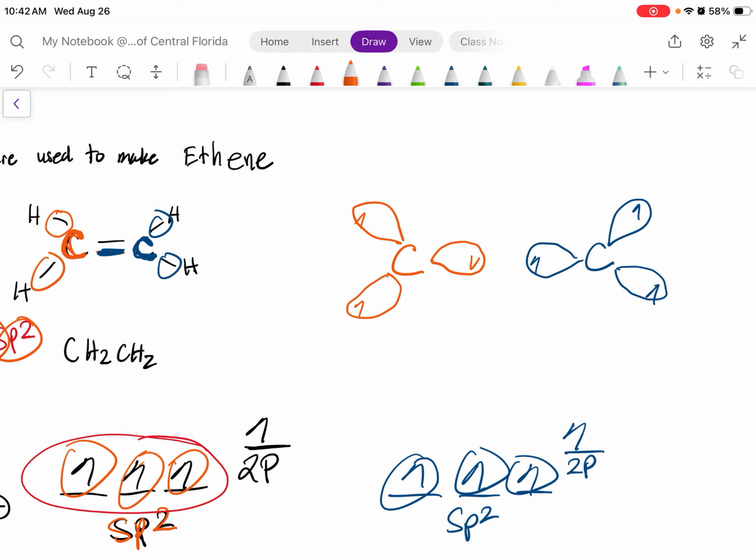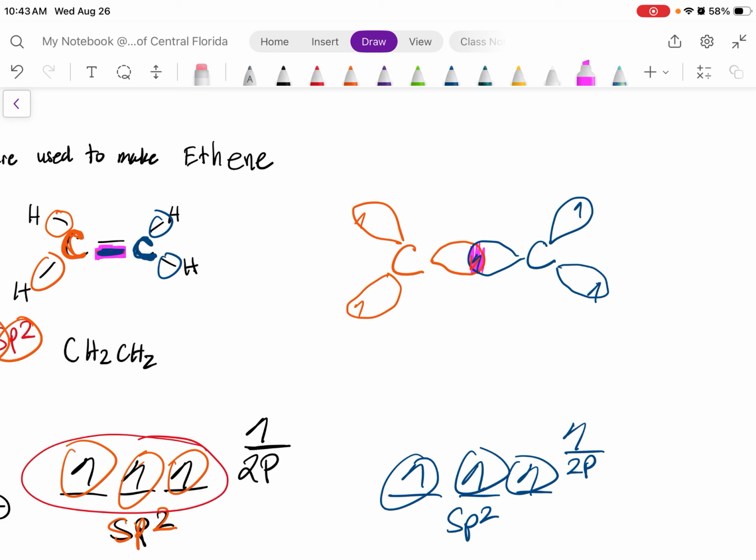You can't have the same spin state in an orbital. Now look at what's going to happen. We are going to have head-to-head orbital overlap, like that. Okay, now what do we have? Head-to-head orbital overlap, which is used to form that sigma bond. So that is our sigma bond. That's sigma. And so we used this electron here and that electron there, because they're all right there.